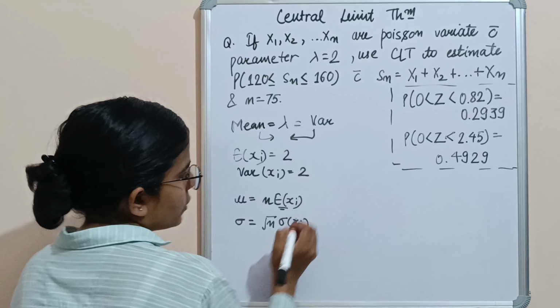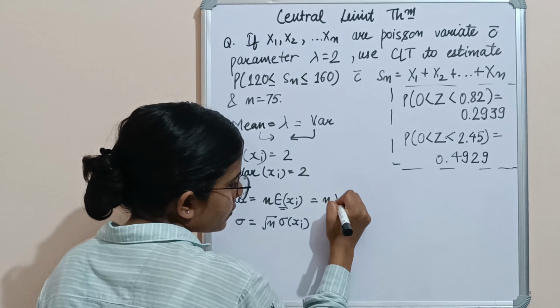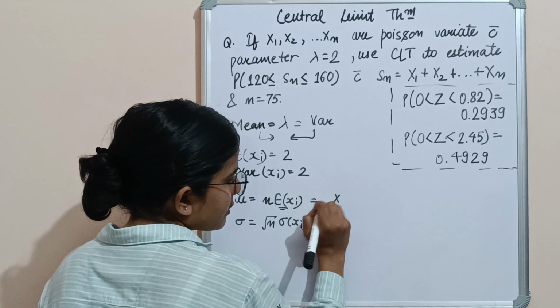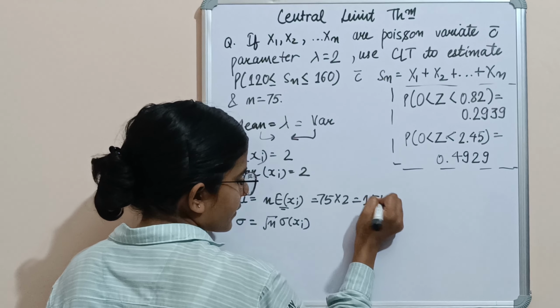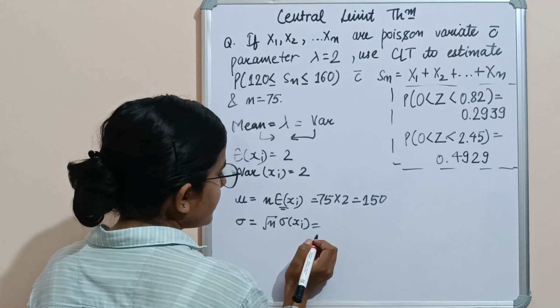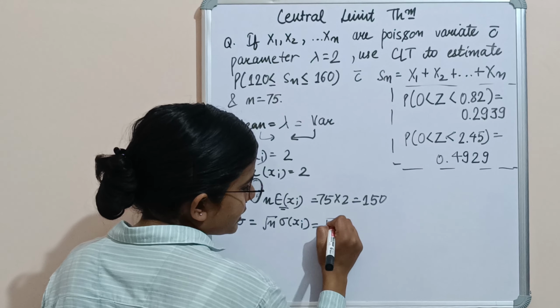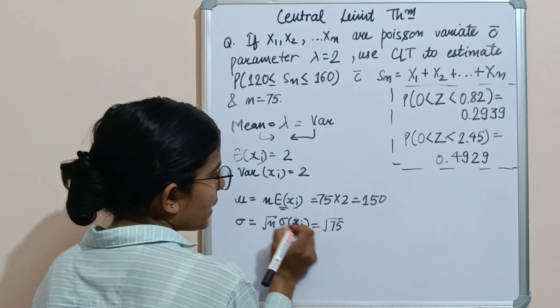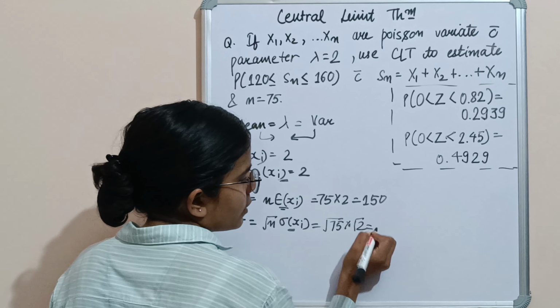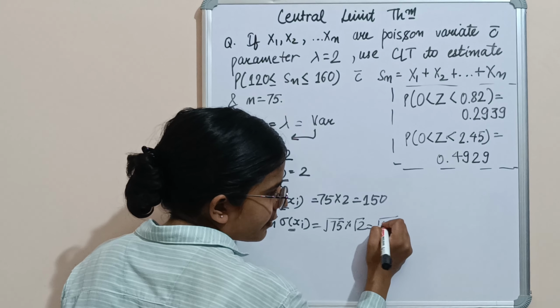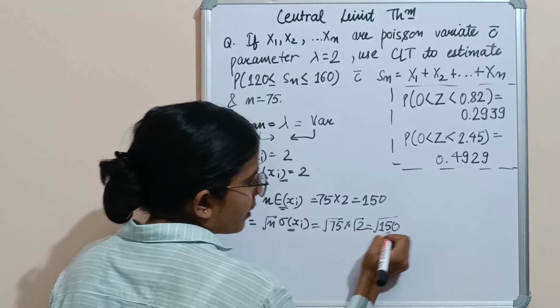So the mean will be n into 2, that is 75 into 2, which is 150, and sigma will be under root 75 into sigma squared, which is under root 2. So this will be under root 150.